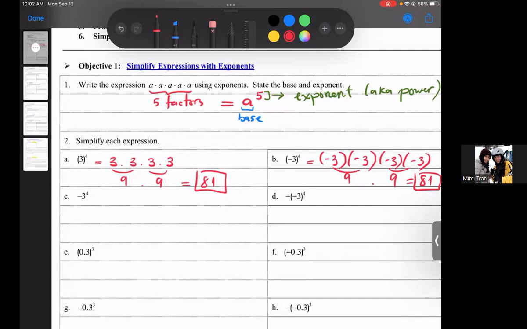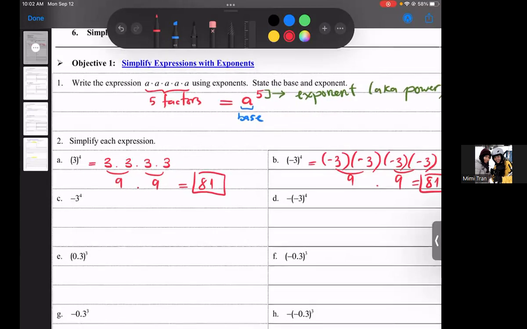So an even power turns positive, as long as there is a parenthesis around it. What about C? Is it negative 81 or positive 81? Yeah, negative 81. So I can rewrite this as negative 1 times 3 to the 4. We know 3 to the 4 is 81.